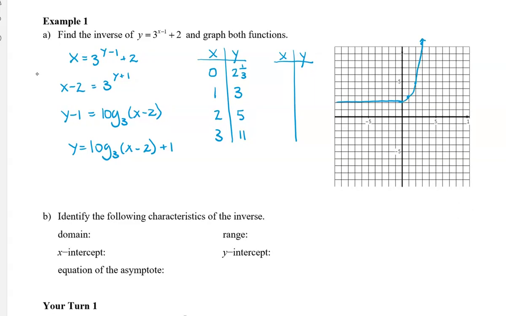Okay, so now to draw the inverse graph, which is this log one, we could try to plug in numbers here, which is difficult to do, or you can plug in numbers here where we have the swap of the x and y. Or because we already have the table of the original values from the exponential function, we now just need to swap them, and we will get the new values for the inverse.